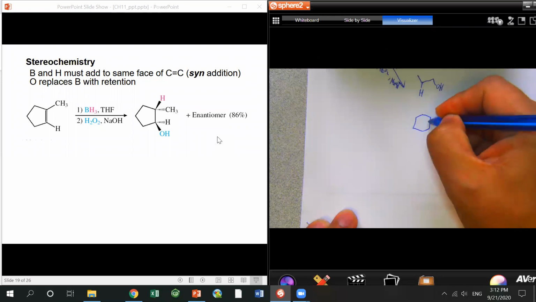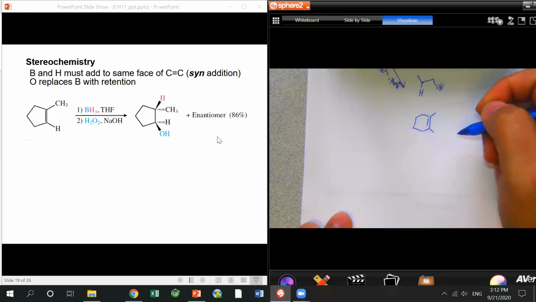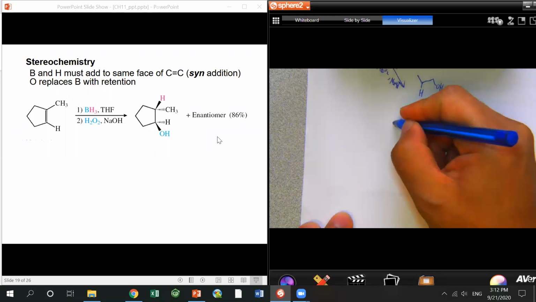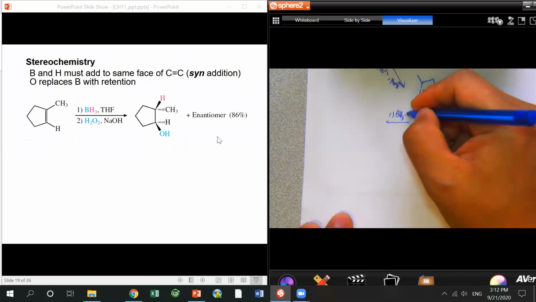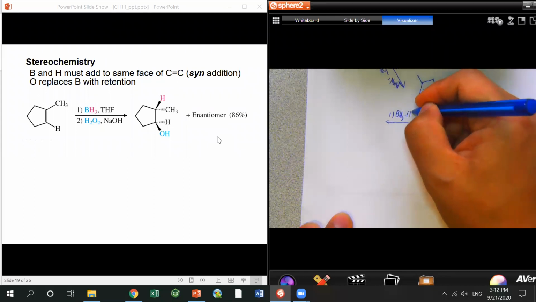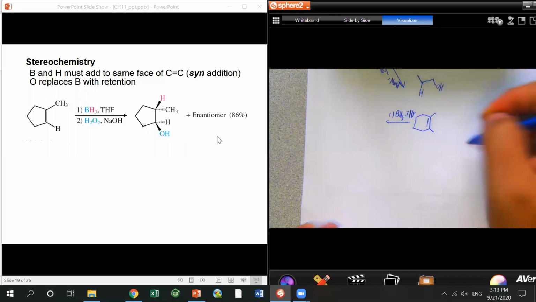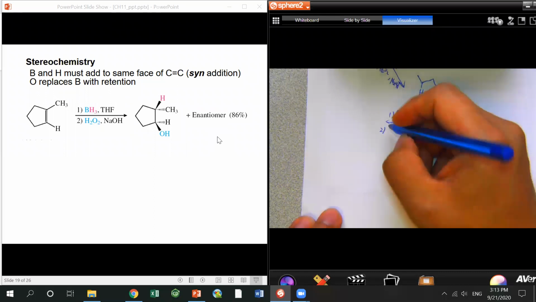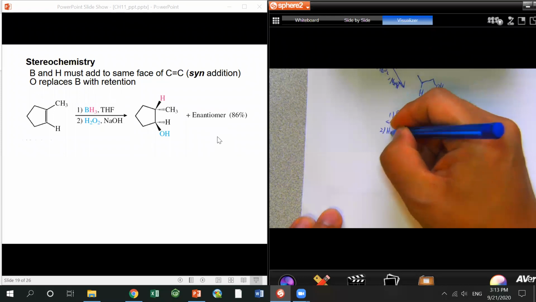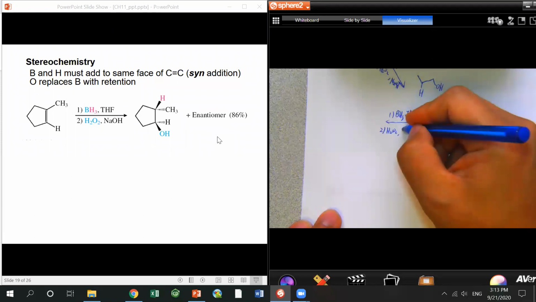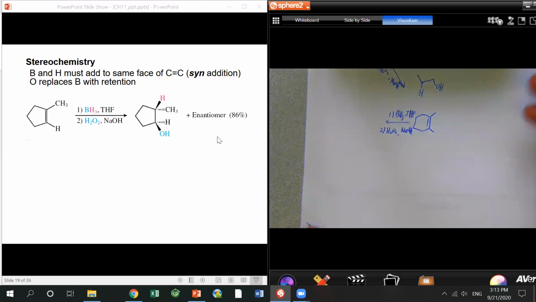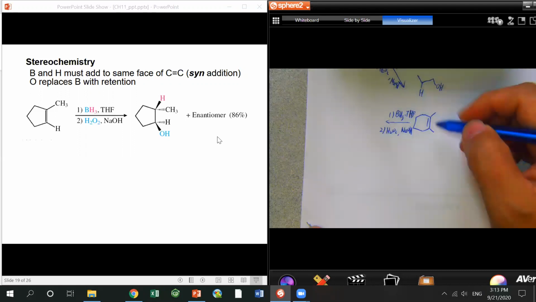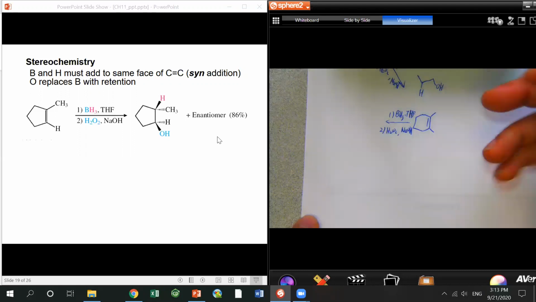This time I use a symmetrical alkene as an example. If I do the hydroboration oxidation reaction, you can write just BH3 or BH3 plus THF, which are both the same thing, followed by hydrogen peroxide and sodium hydroxide. Once you are done, the OH and hydrogen can add from the same side of the double bond, from the top or from the bottom.